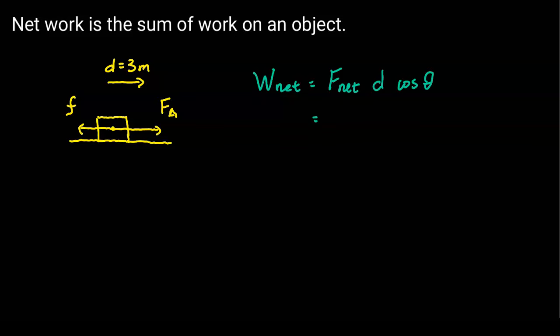In this case, our applied force is 20 newtons, and we have a friction of 10 newtons, so our net force is 20 minus 10, which is 10 newtons. The displacement is 3. We don't have to worry about the cosine because the net force is in the same direction as the displacement, so we're just going to leave that alone. So 10 times 3, we get 30 joules.